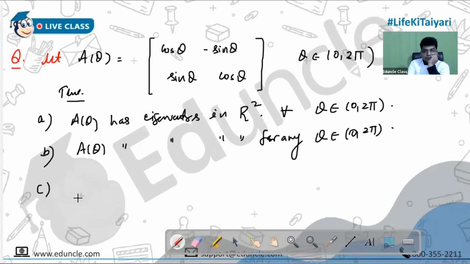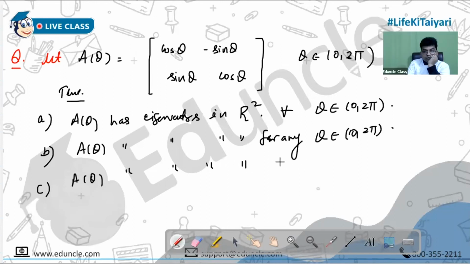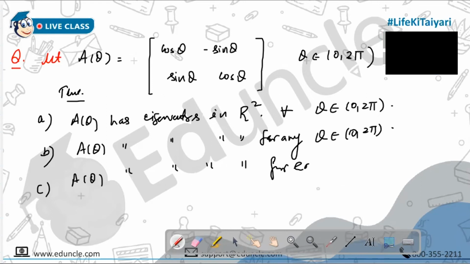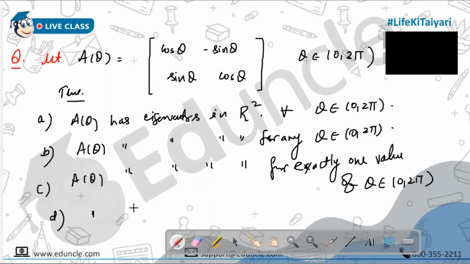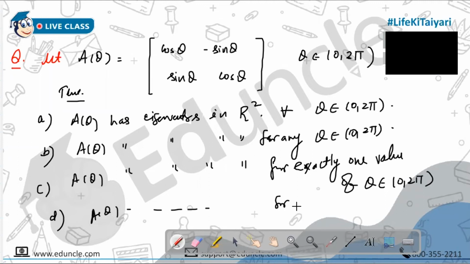Third option: A of theta has eigenvectors in R square for exactly one value of theta belongs to 0, 2 pi. Fourth option: exactly two values of theta belongs to 0, 2 pi.